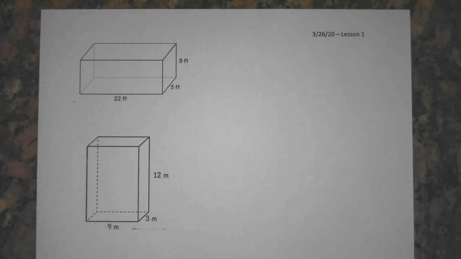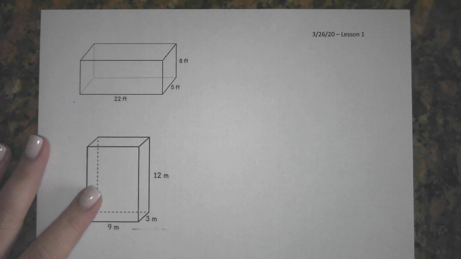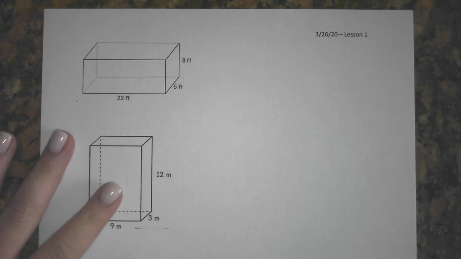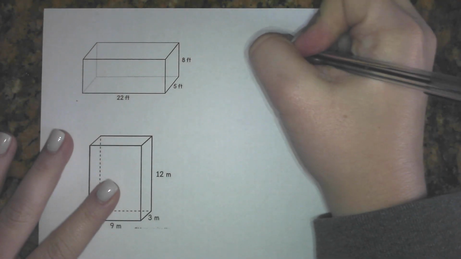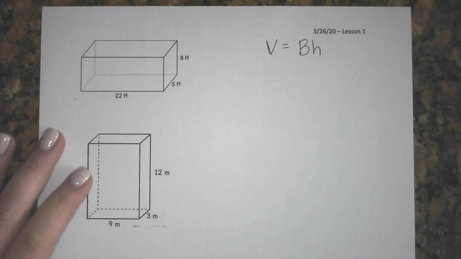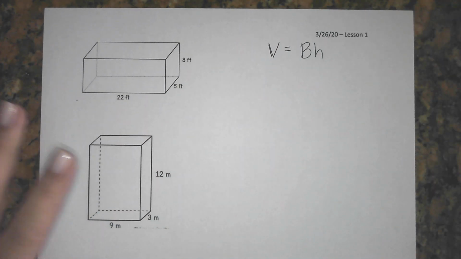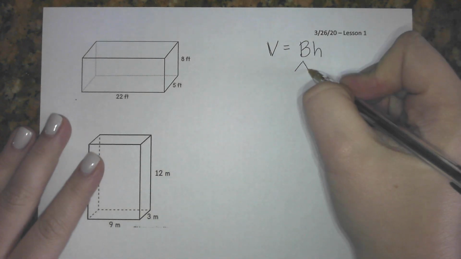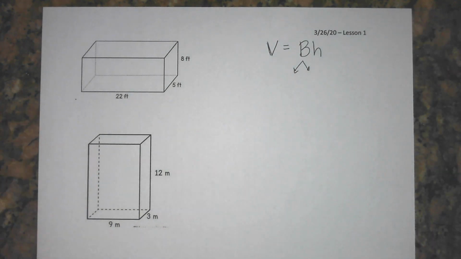So the first thing I want to talk about is the formula for volume of rectangular prisms. So remember, volume is big B times H. Now big B is super important. This does not mean just base. It has a very specific meaning.